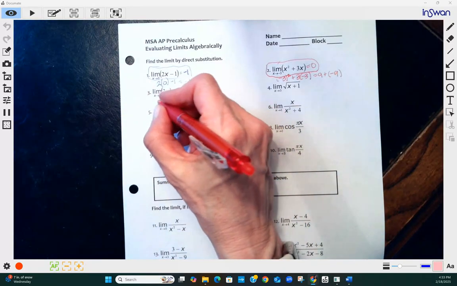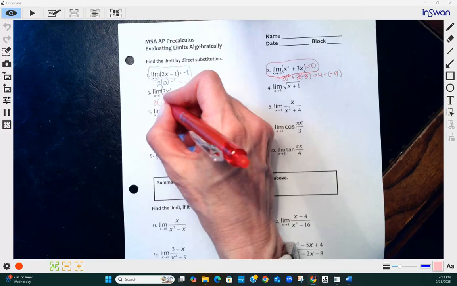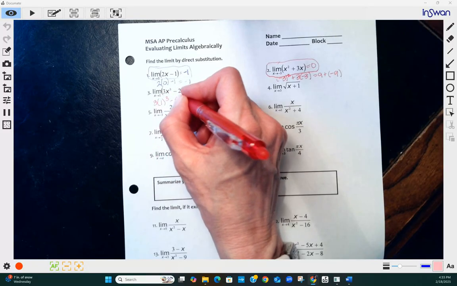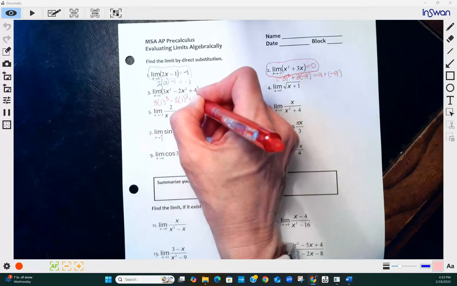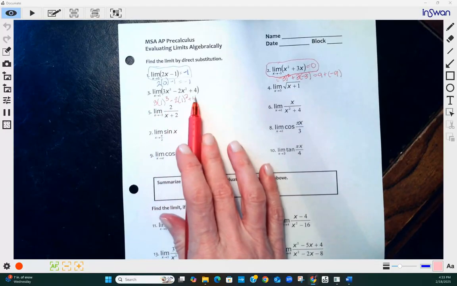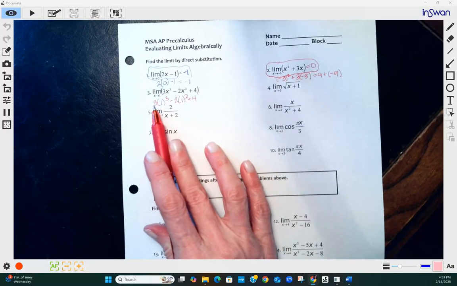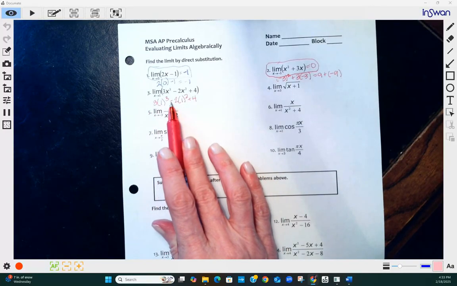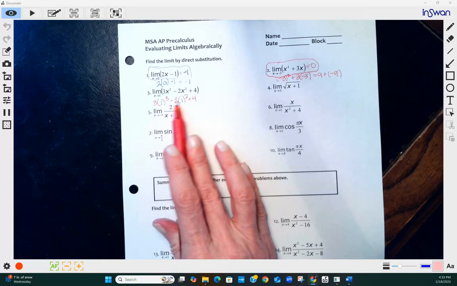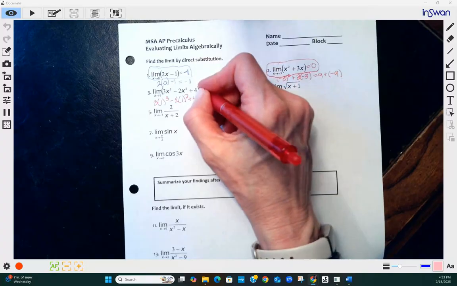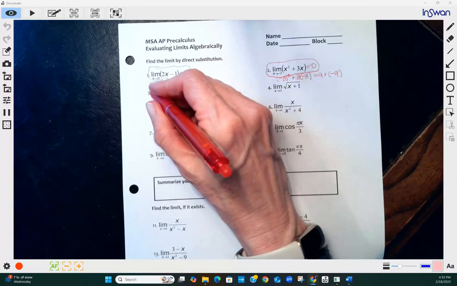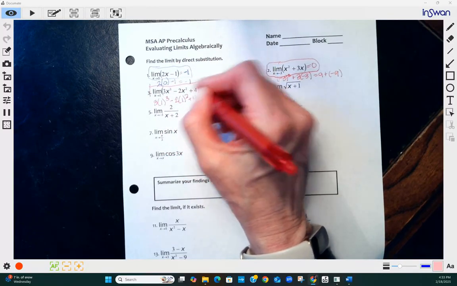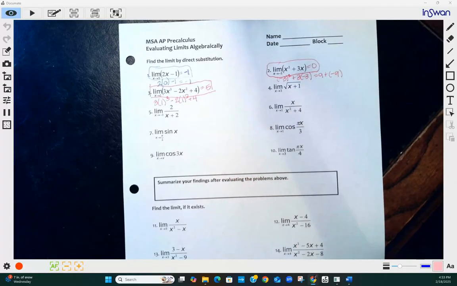All right, direct substitution. 3 times 1 cubed minus 2 times 1 squared plus 4. So I'm just substituting in: 3 times 1 is 3, minus 2 times 1 is 2, 3 minus 2 is 1, 1 plus 4 is 5, so the limit for this cubic function as x approaches 1 is 5.